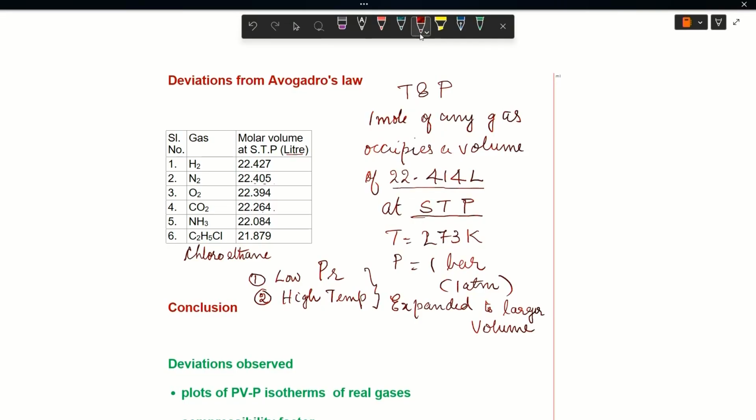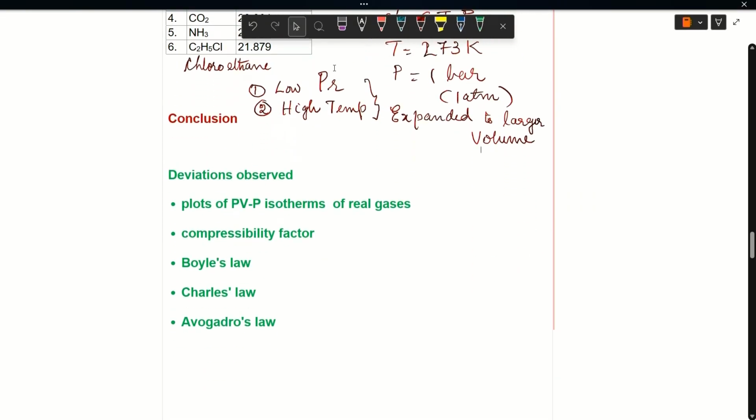To conclude, we have seen deviations observed in the plots of PV versus P isotherms, that is, at constant temperature, of real gases. Some of them show negative deviations and then positive deviations, some only positive deviation, and when the temperature is lowered, even gases like hydrogen and helium, which did not show any negative deviation, tend to show negative deviations too.